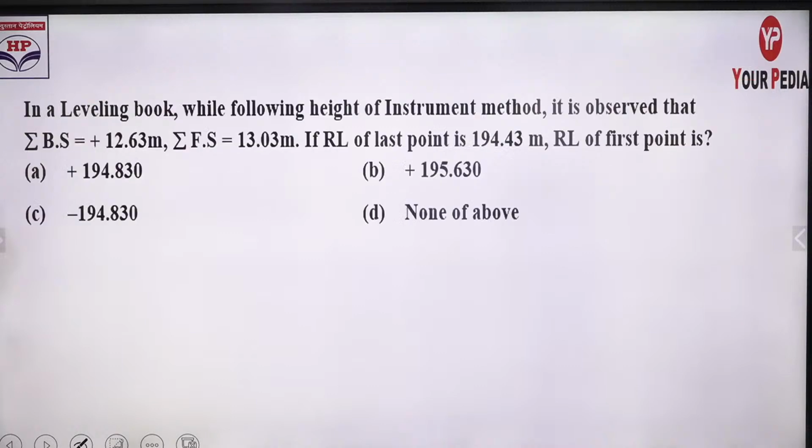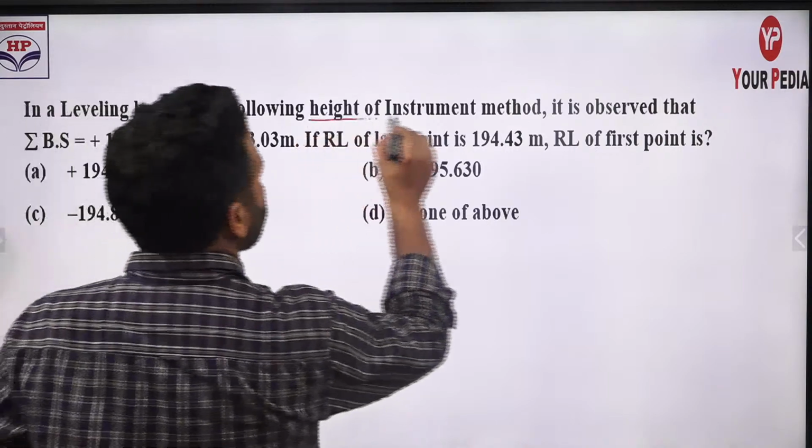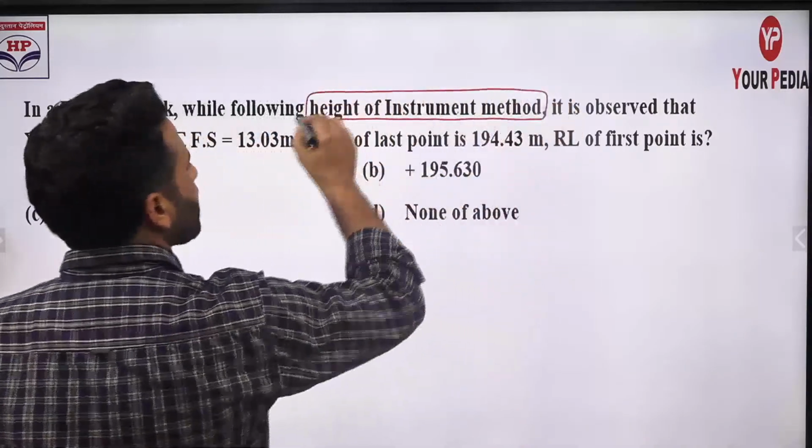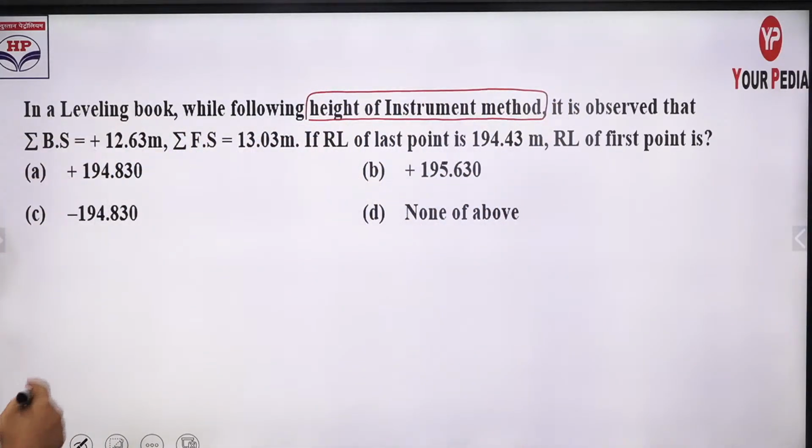So let's proceed ahead. In the next question, in a leveling book, while following the height of instrument method, it is observed that the backsight is this one, the foresight is this one. So he is asking for the RL of the last point.